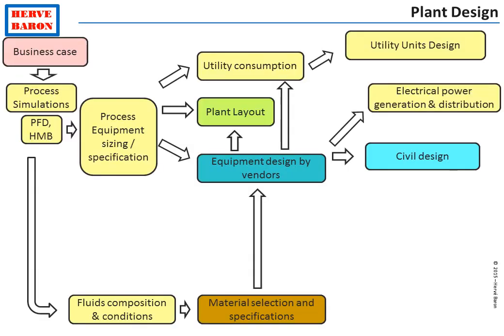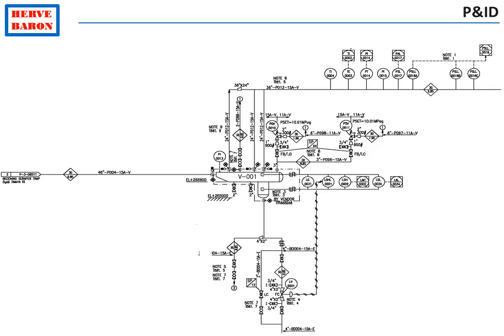The process design is further developed from process flow diagrams into P&IDs, piping and instrumentation diagrams. P&IDs show all the equipment, piping and instrumentation, as well as valves. It is the main document for the plant operation. So it's very much discussed between the plant owner and the engineer during the design phase.